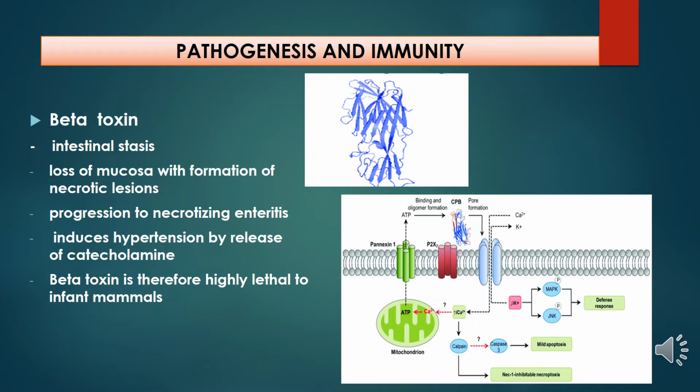Only low levels of caspase 3 activation occur, suggesting that apoptosis is not a significant mechanism of cell death. So the decrease of K plus is associated with the activation of MAPK and JNK, which activate host cell survival and defense pathways. So the dashed or black arrow shows direction of movement, as you can see in the picture reflected on your screen.